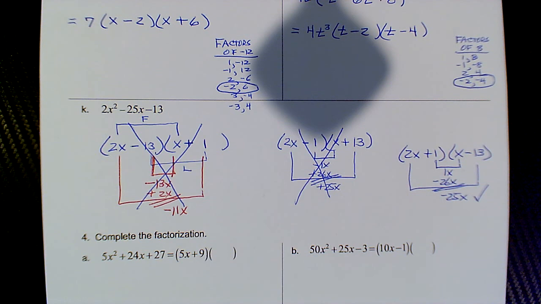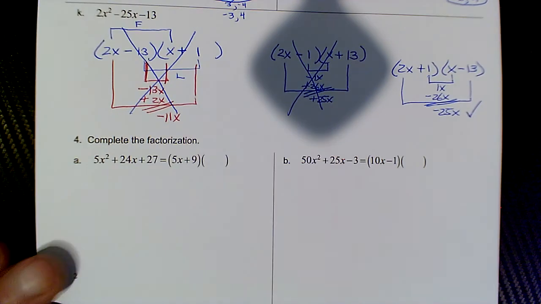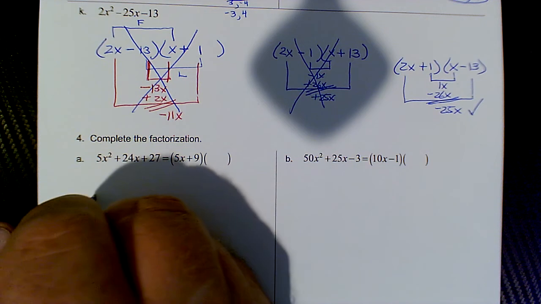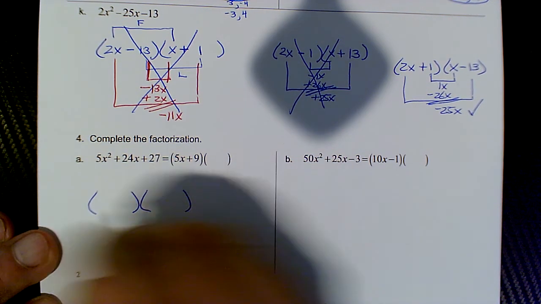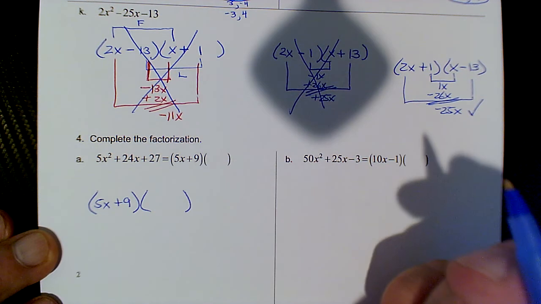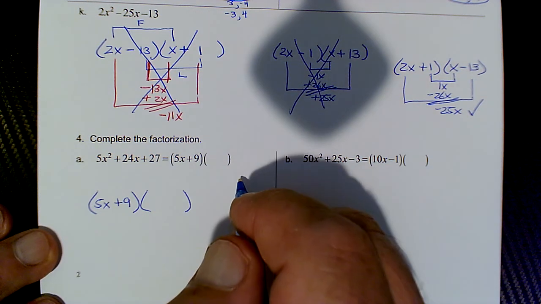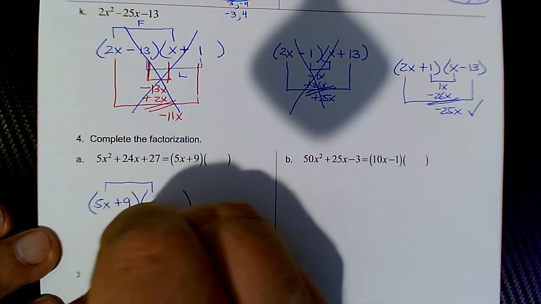Alright, and number 4, they give us some hints. So here we're reversing the FOIL, and the hints help quite a bit because in the last example we had to generate all terms on our own. Here they give us 5x plus 9. So the only way we can multiply to get 5x squared here would be an x.